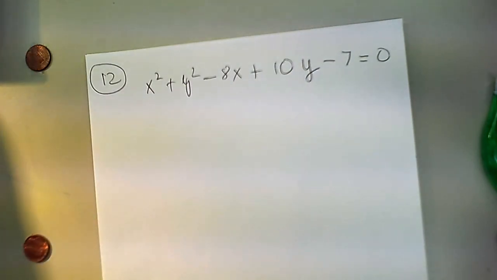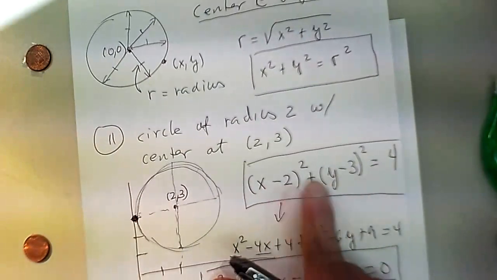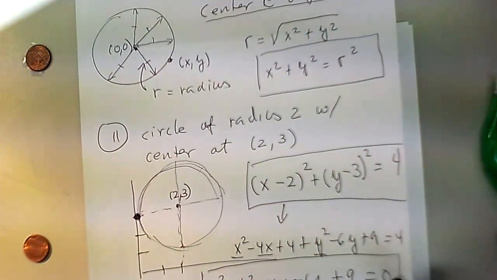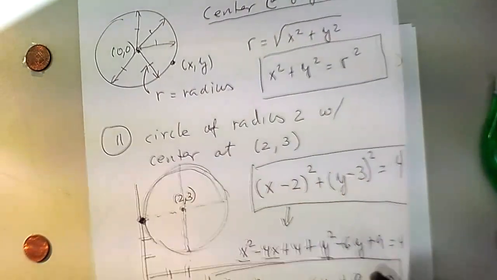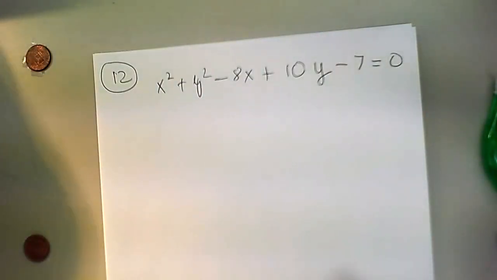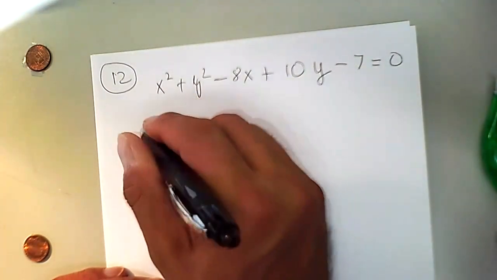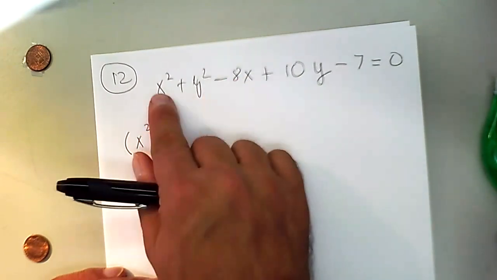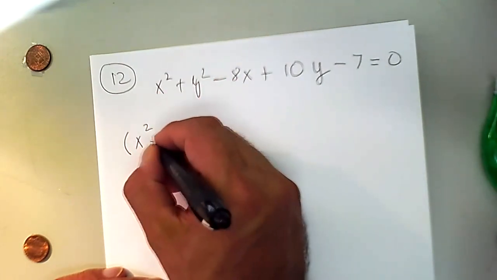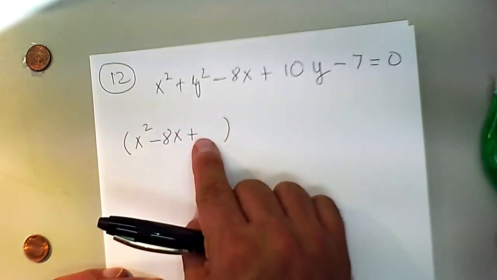So the way we go about that is to go back to this form of the equation of the circle, and that will directly tell us the center and the radius. And we do that by completing the square. So this is the way I go about it. Put the x's together, x squared minus 8x, and build a little bit of space to complete the square.